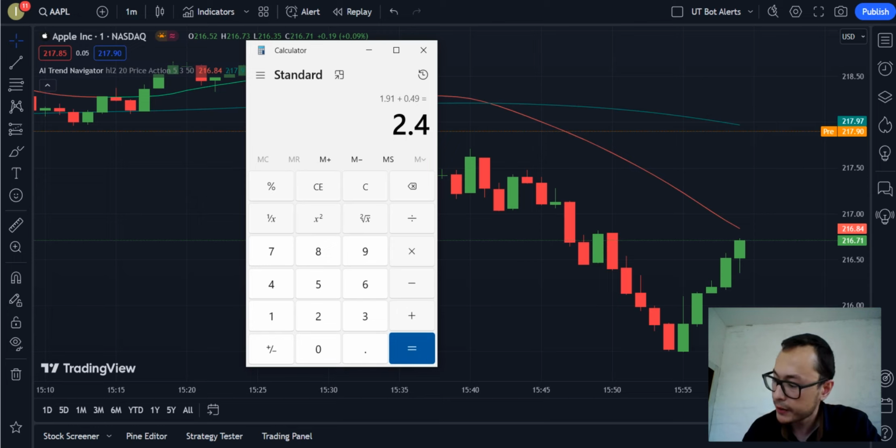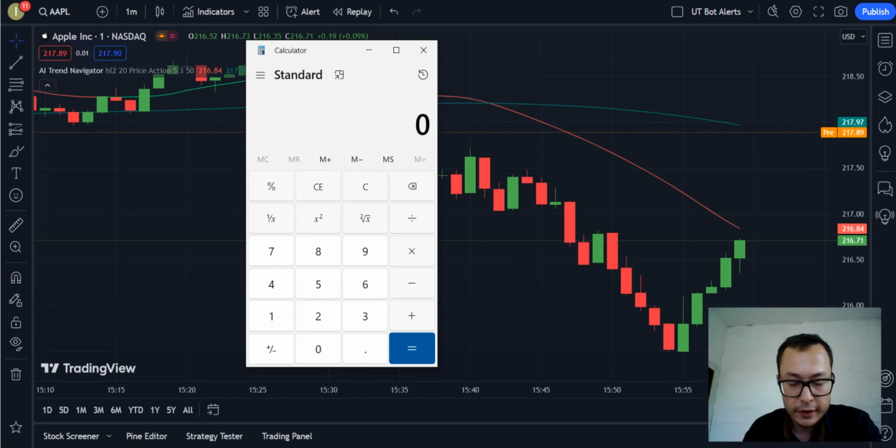So in total for that 3-hour trading window, we made a profit of $2.40 in dollars. And this is just from trading one Apple share, only one. And now I will show in terms of percentage how much profit we made. Let me clear the calculator now.